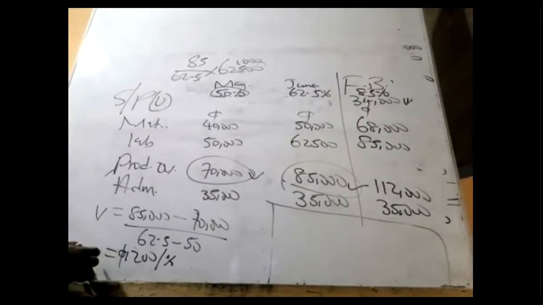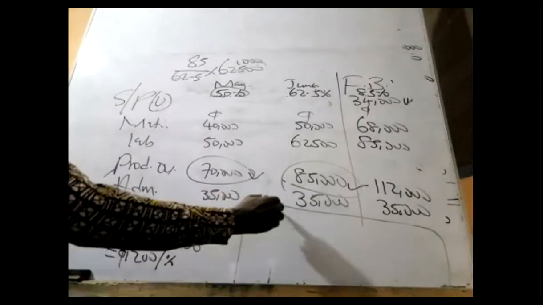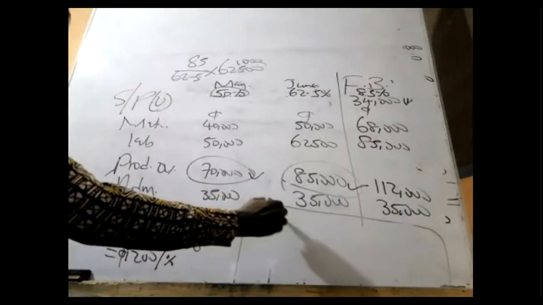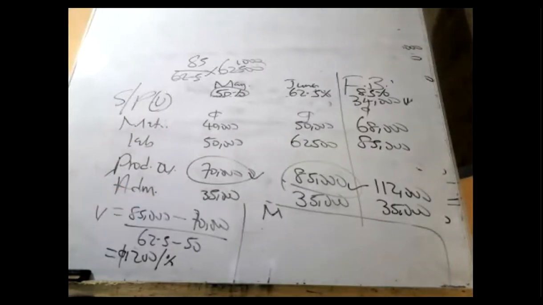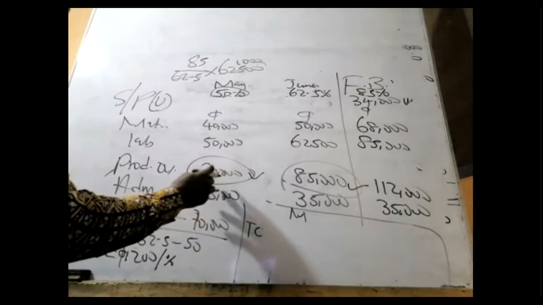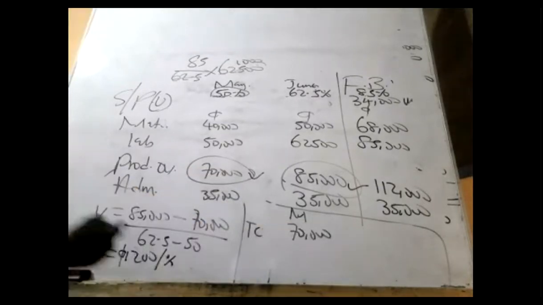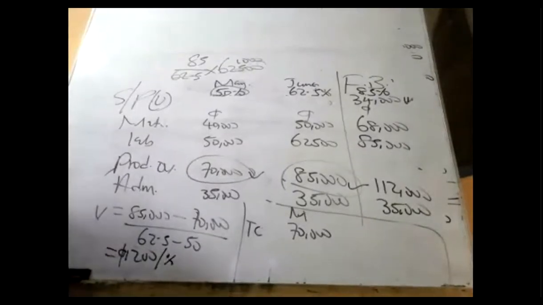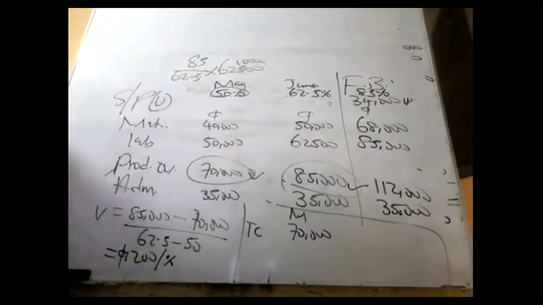The fixed cost will be, let me see, the total cost will be 17,000. So the total cost is 17,000.